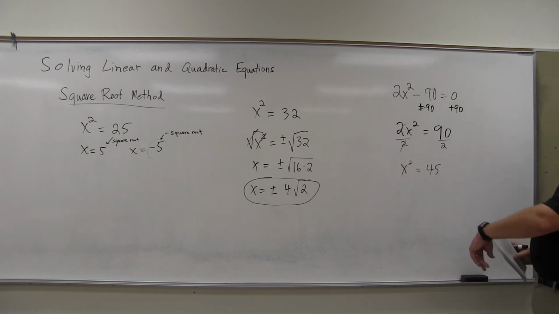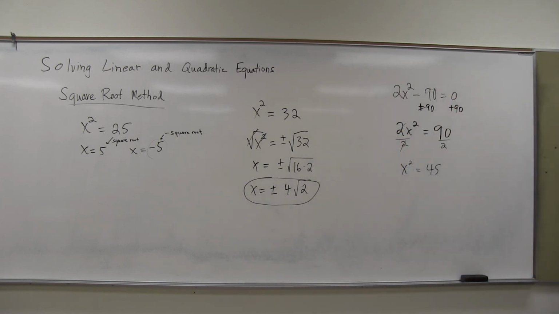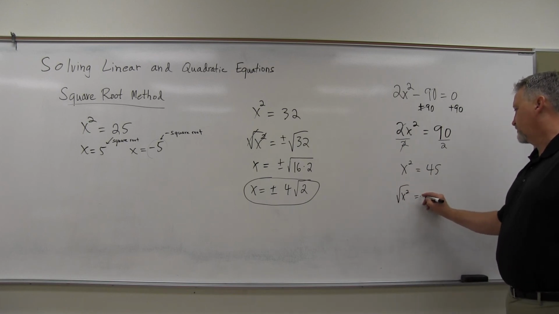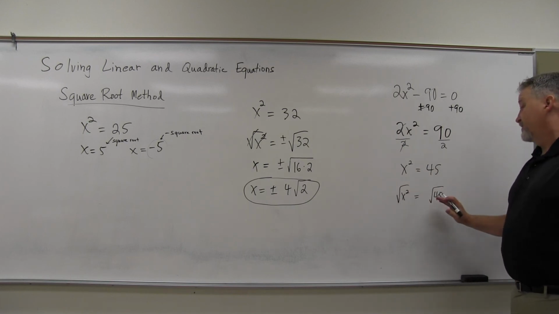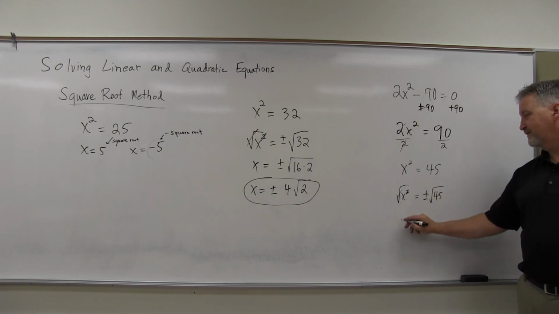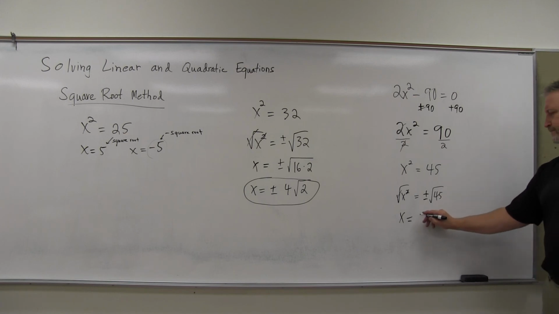Now it's just like the one we just did, so the square root method works well. Square root both sides. The number side could be a plus or a minus to get the two solutions. Those cancel. Let's see, 45.